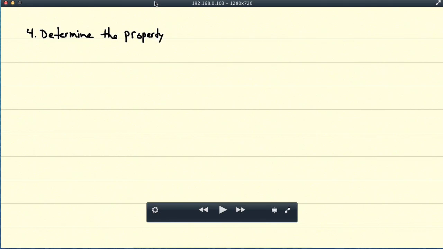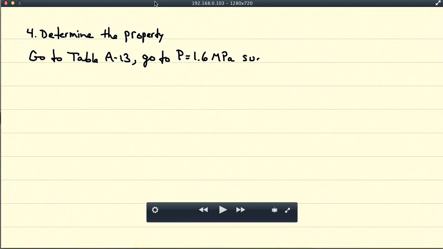When we go to the table, table A13, we're going to go to the pressure equals 1.6 megapascal subtable.